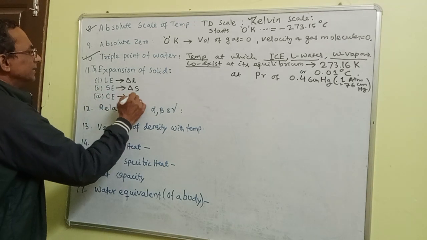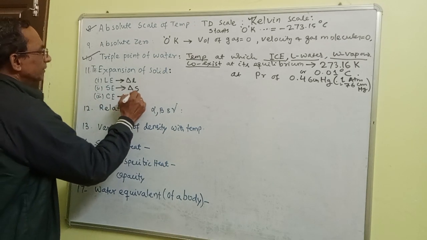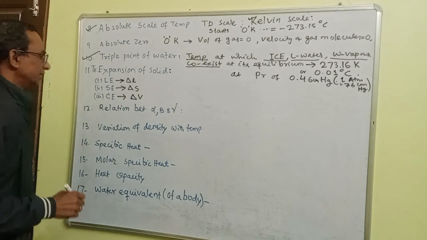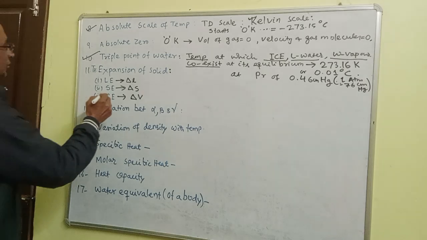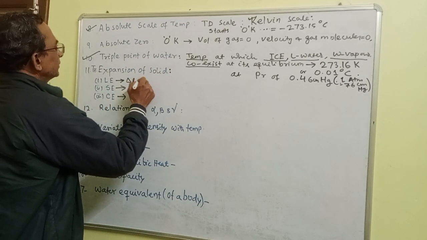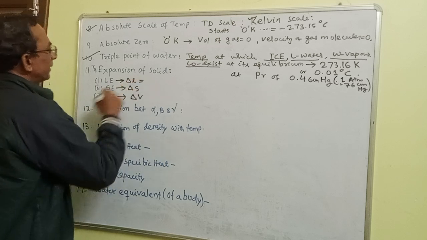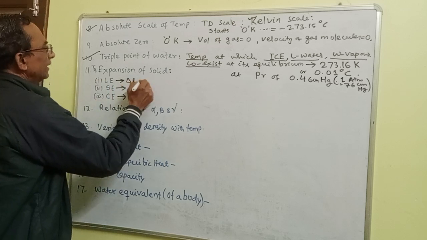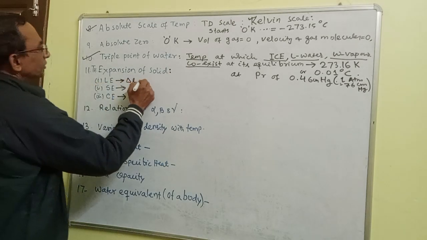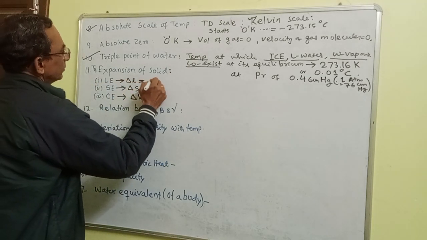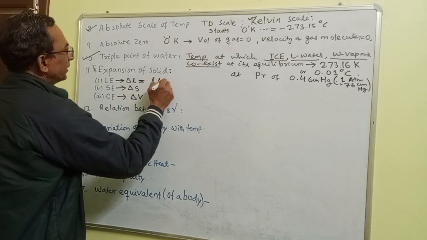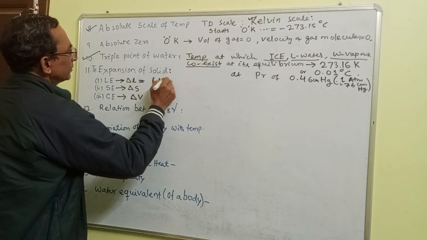If volume is increased, we say it is cubical expansion or volume expansion. The expansion in length, delta L, is proportional to the length and the temperature difference.